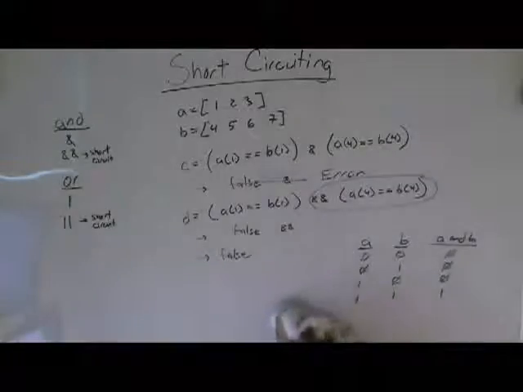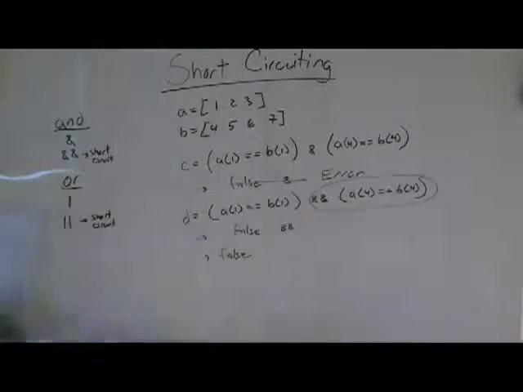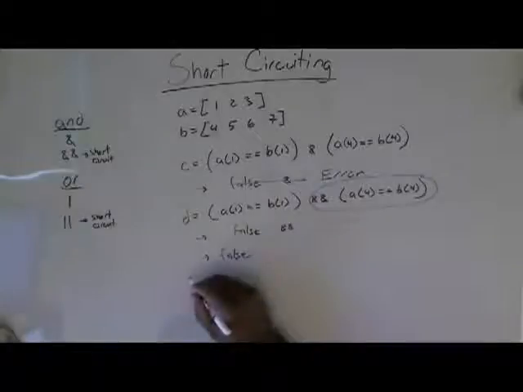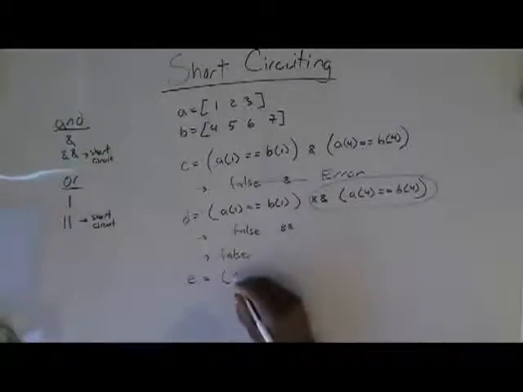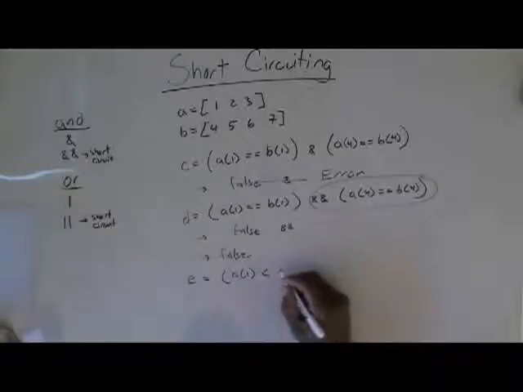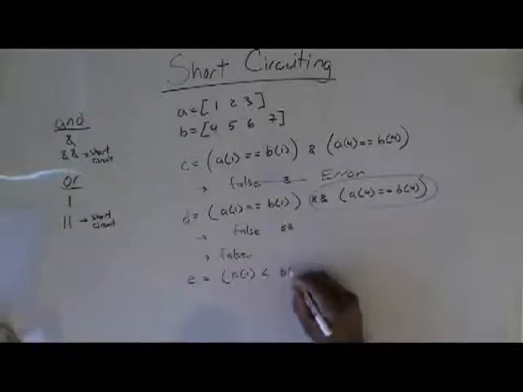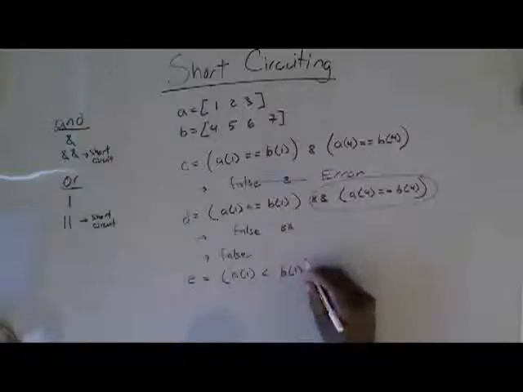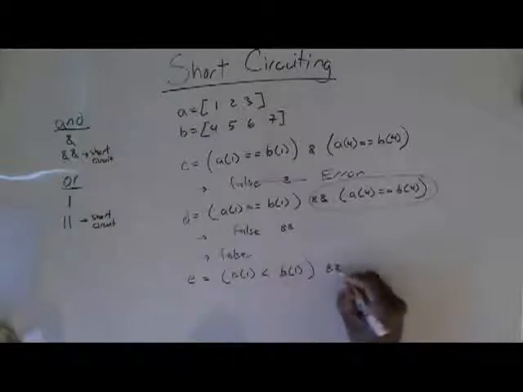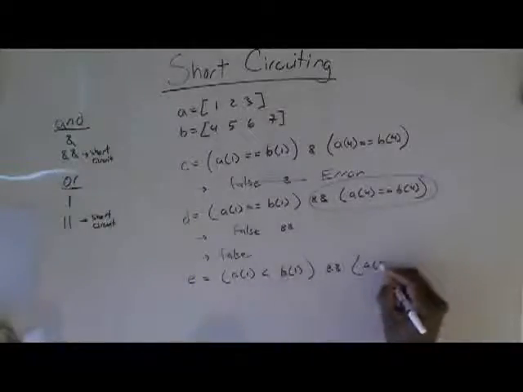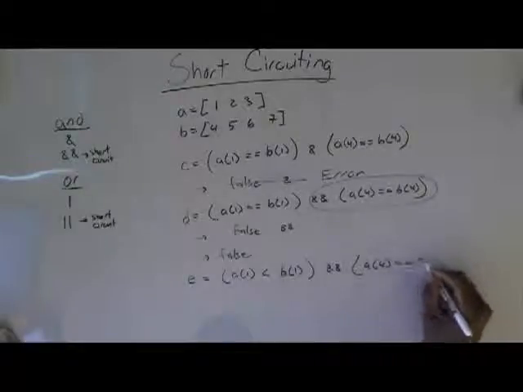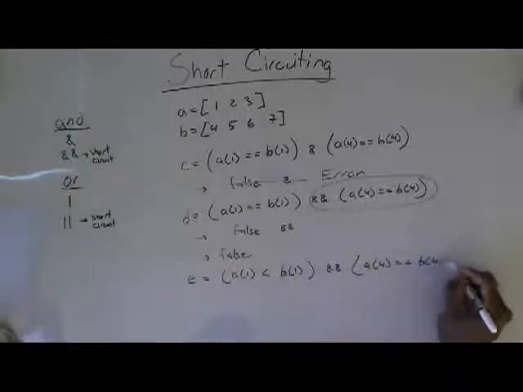I can take it a little further, and let's say I had E equals A1 less than B1, ampersand, and then I'll do A4 equal to B4.